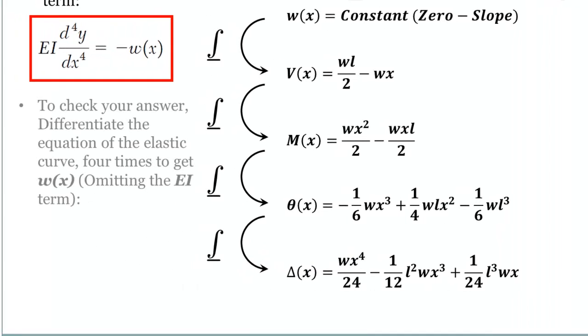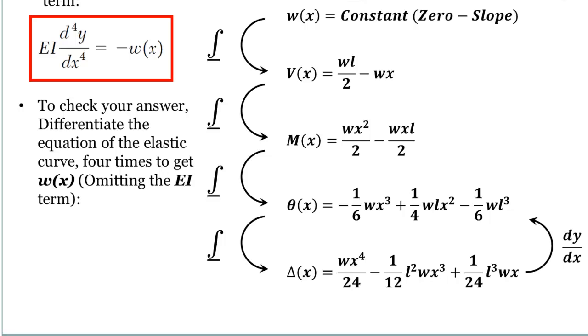Now, to double check your answer, try to differentiate. You start with the very bottom equation, that's delta x, and differentiate this equation not once, not twice, not 3 times, but 4 times, all the way to get to w of x. When you differentiate it once, you go from the delta equation to the theta equation.